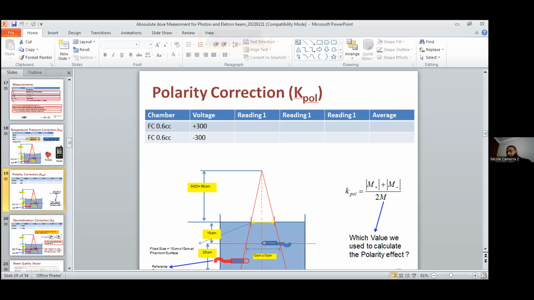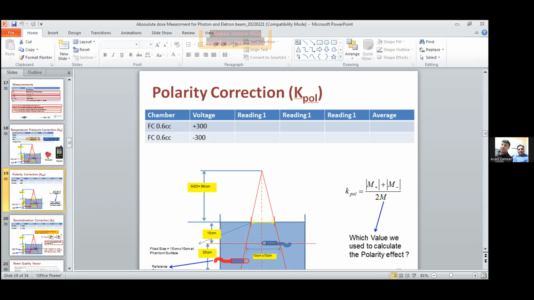Okay, that's a very good question. So what will happen when I ask this question? I was saying that, okay, why we have to do plus 300 and minus, yes, sorry please. Sorry to interrupt you. As far as I conceive, at minus 300 volt, we basically take electronic current, and collection of electrons is far better because of their drift velocity as compared to the motion of ions.